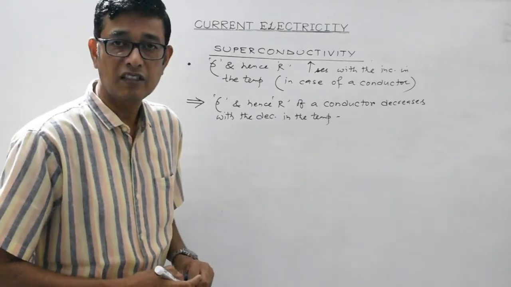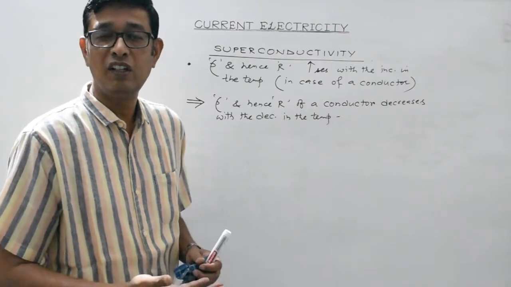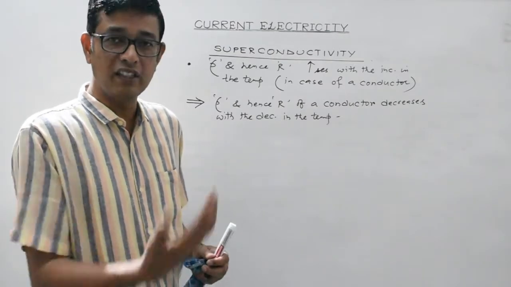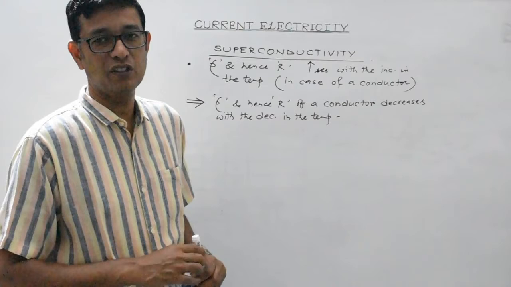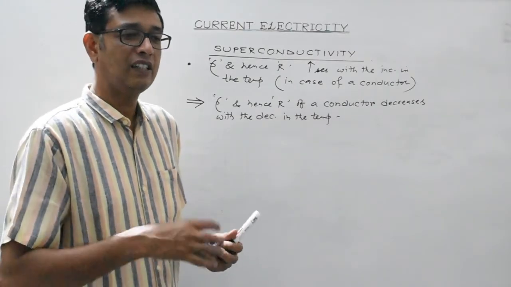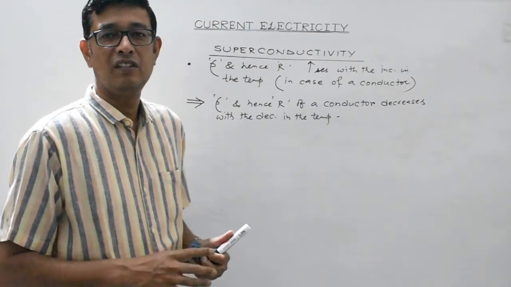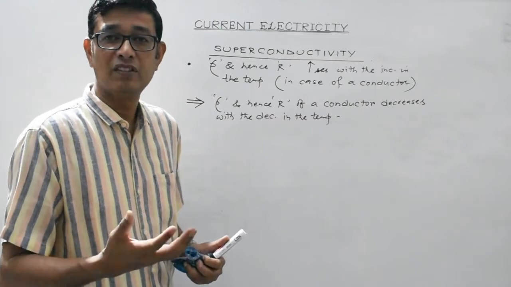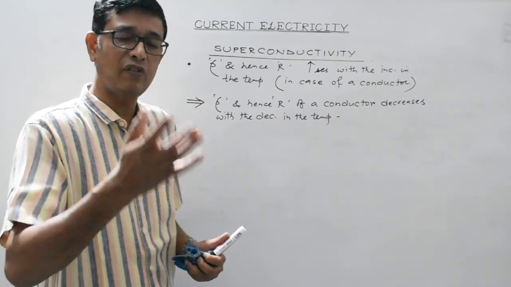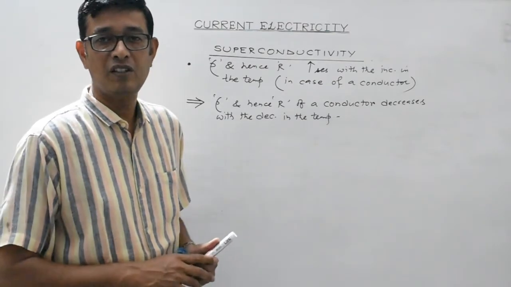In a conductor, the resistance increases with the increase in the temperature, and therefore the resistance will also decrease with the decrease in the temperature. So students, just imagine a case where the temperature of the conductor is kept decreasing gradually. What happens? The resistance or resistivity of that conductor will keep on decreasing along with the temperature.